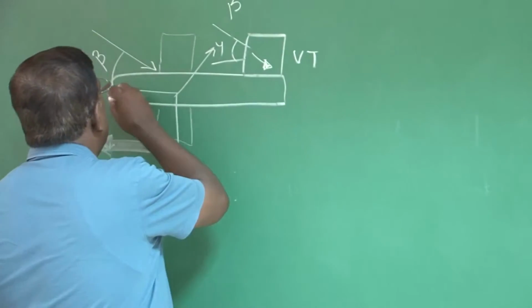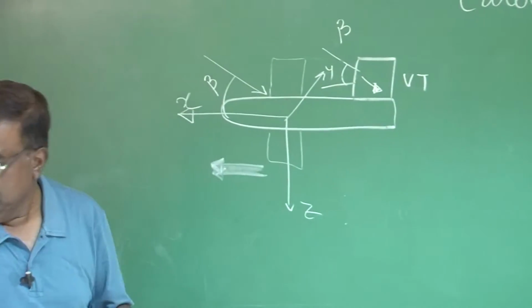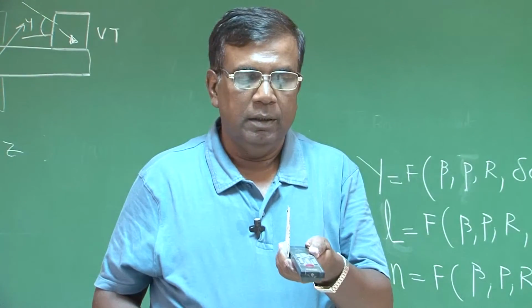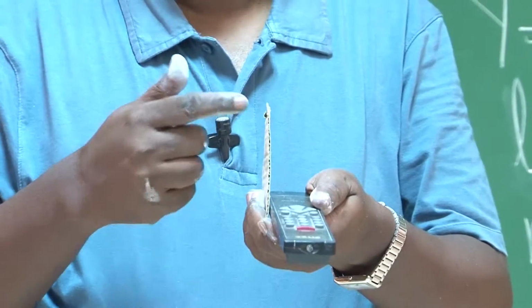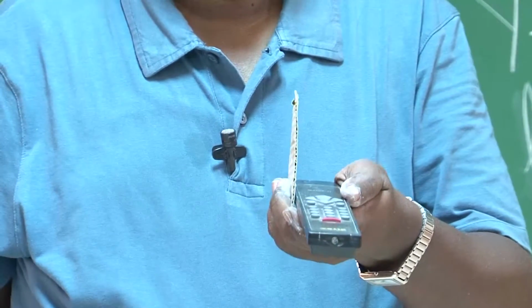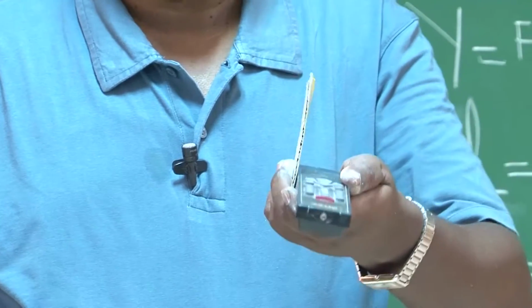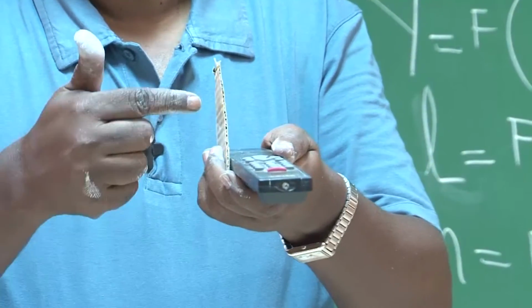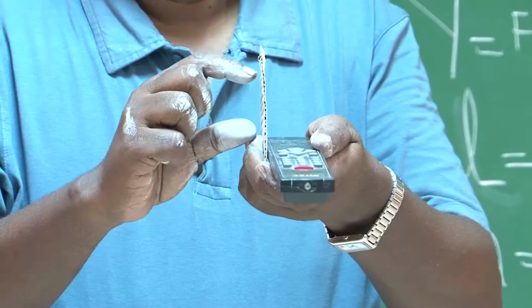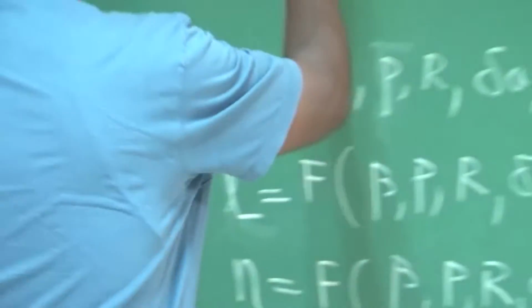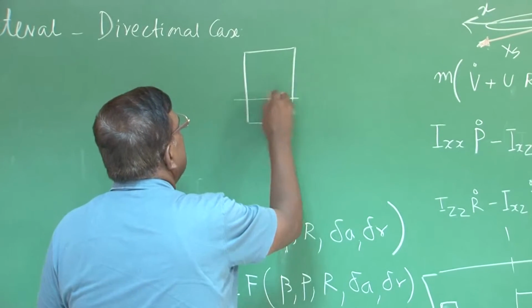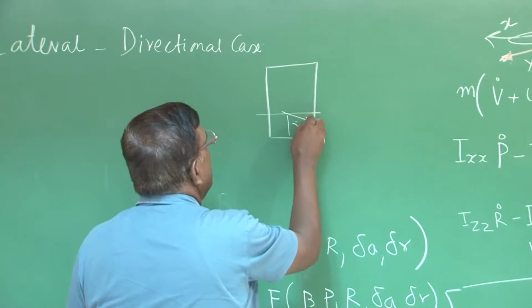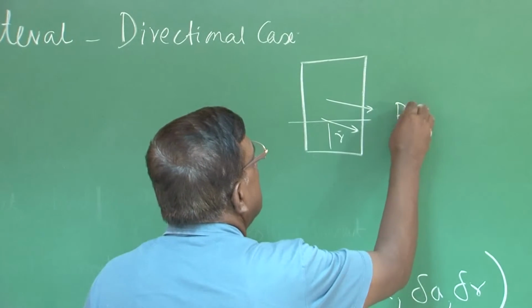Now you see, if I rotate this body about x axis, let me demonstrate it here. We are examining whether there will be a side force because of roll rate, that is rotation about x axis. You could see if it rotates about x axis, this vertical tail will see a relative wind which is p into this distance, right. For example, if this is the vertical tail and rotating with p, so at any distance r, there will be a relative air speed which is equal to p r.